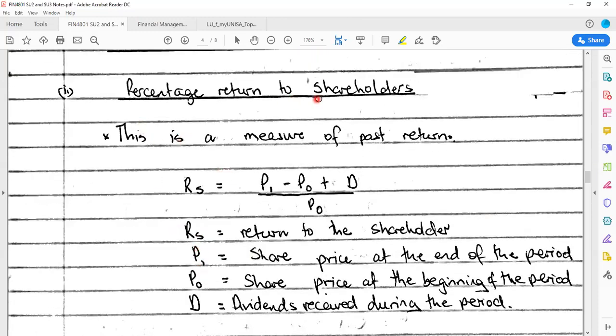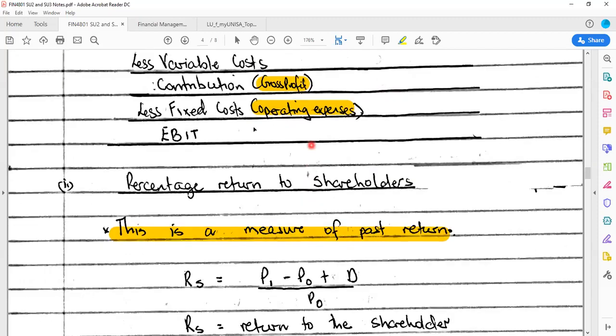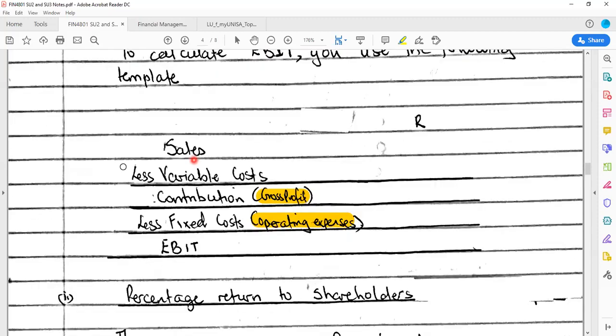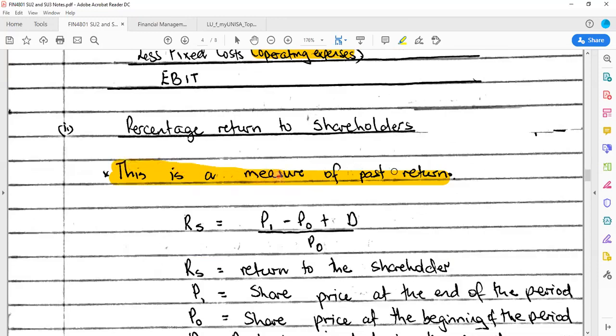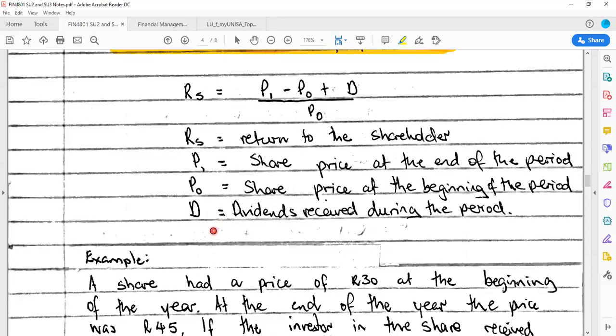And then percentage return to shareholders. This is also a measure of past return. Remember, I've said that EBIT is also a measure of past return. To calculate percentage return to shareholders, you use the following formula. RS equals (P1 minus P0 plus D) over P0.